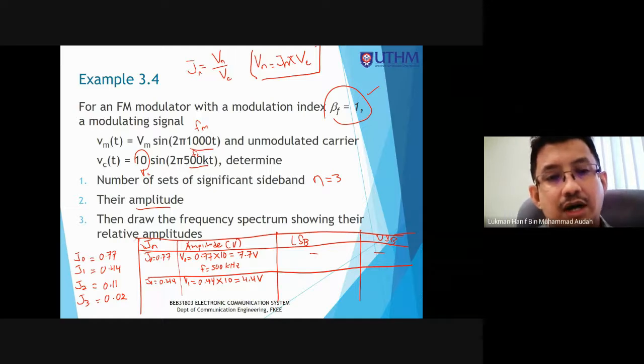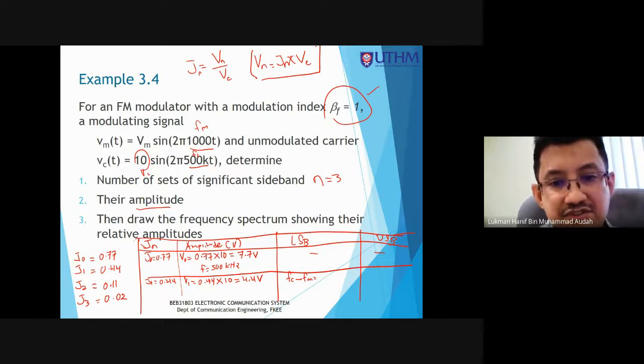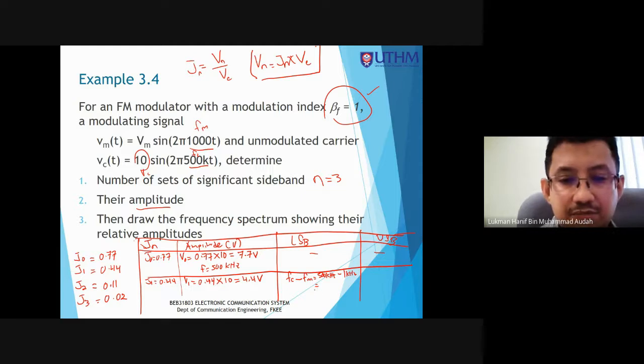How much is the value of LSB? LSB is equal to FC minus Fm. FC is 500K, so 500K minus 1K. So this is actually 499.